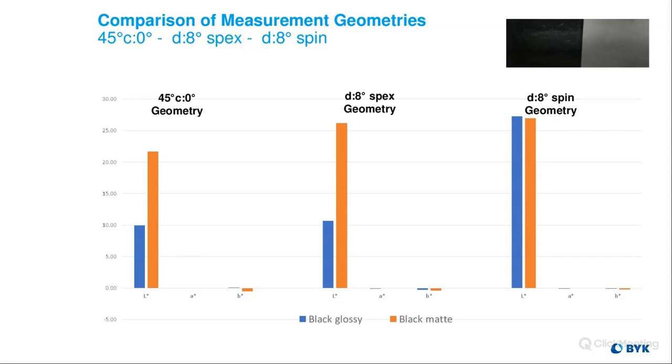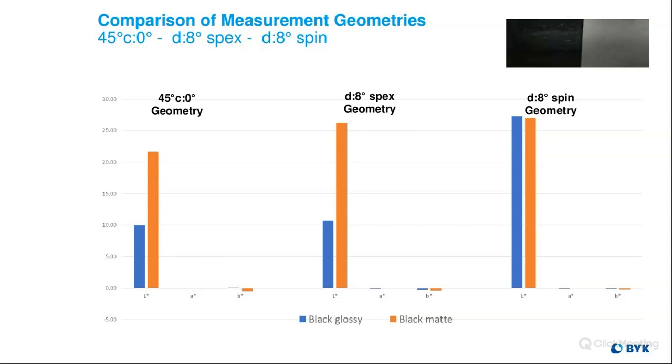So you want to use specular excluded if you're looking at harmony. Am I saying this right? If I'm saying it wrong, Noah, you can. Yeah, you're saying it right. So the specular excluded includes the gloss, so you want to use that for harmony, and the specular included does not include gloss, so that's more for formulation.